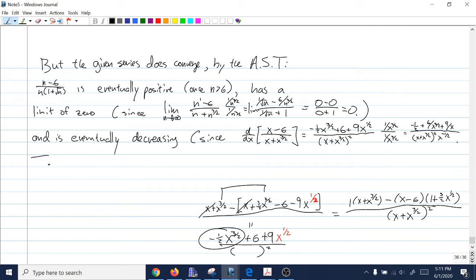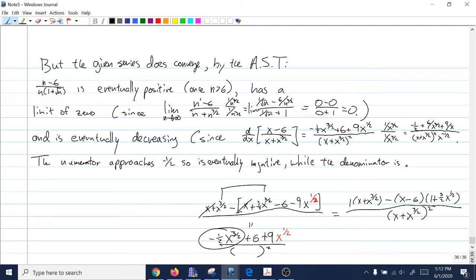The numerator, meaning the top, approaches negative 1 half, so is eventually negative, while the bottom, the denominator, is always positive on x greater than 0.